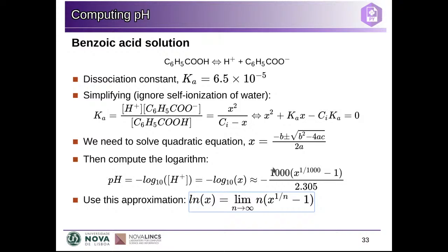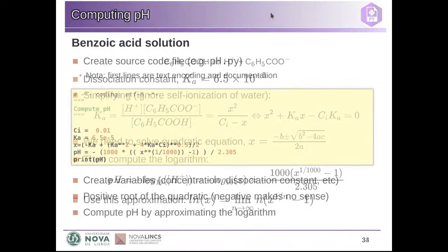So we can use a large n here, say 1000, use this expression, and divide by this number to convert between the natural logarithm and base 10. This gives us an approximation of the logarithm of the concentration. Of course, we have libraries that can do all these sorts of things, but this is just an example to show you several steps and how we're going to implement them.